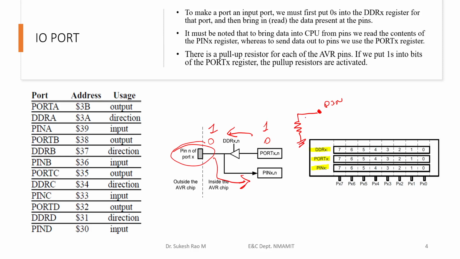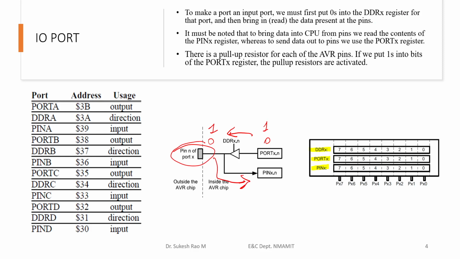Apart from that, sending the value to any of the ports is straightforward, as it's written here. And whenever you want to make a port input or output, the DDR register is activated. DDRX means DDRA, DDRB, DDRC.